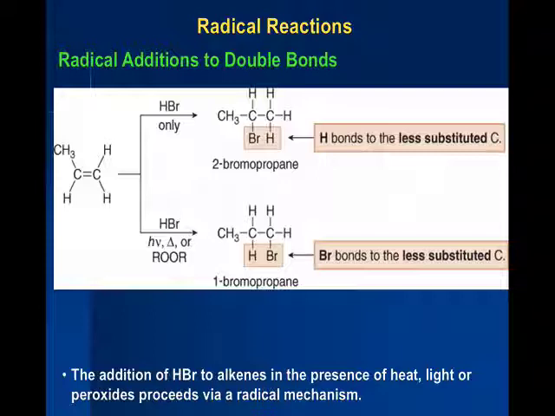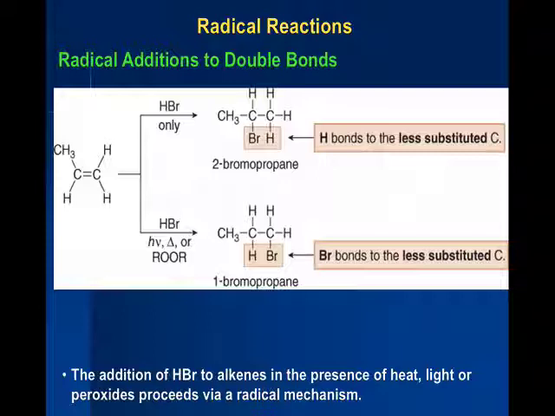So I have an alkoxy radical that will react with what? HBr. And I generate a bromine radical plus an alcohol. Not a lot of alcohol because I don't have a lot of peroxide initiator around, but I generate some.